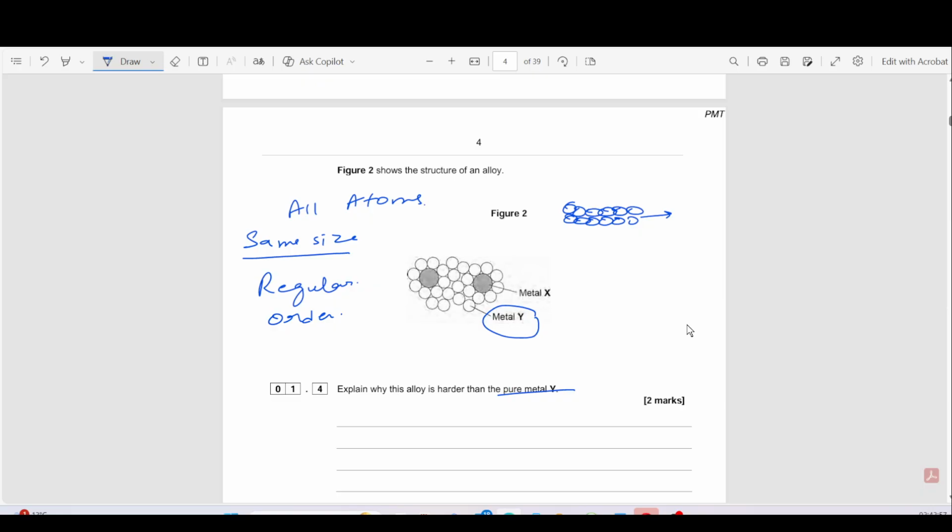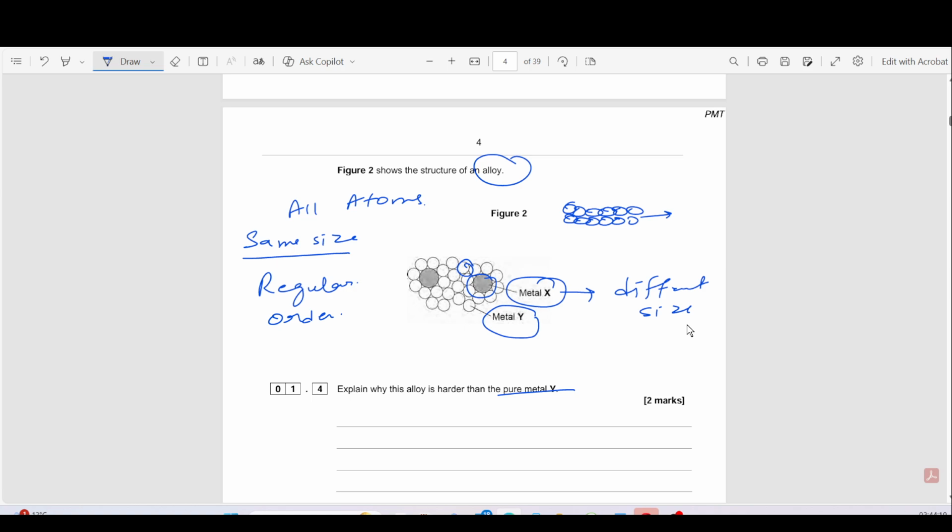Okay, but in case of alloys, because there are two metals, X and Y, they are of different sizes. They have different sizes, which disrupts the regular arrangement of the layers. You can see one is bigger, others are smaller.